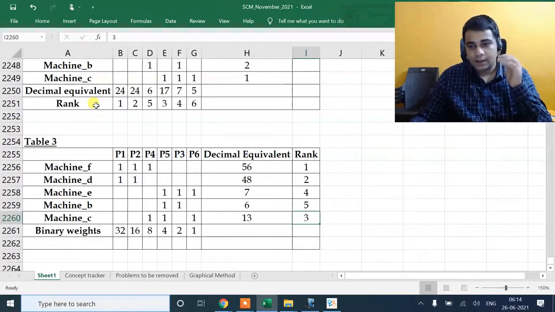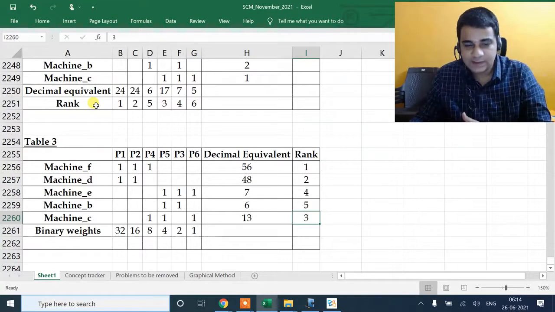Your ranking is not in exact sequence. If that's not in sequence, you will see changes being done.